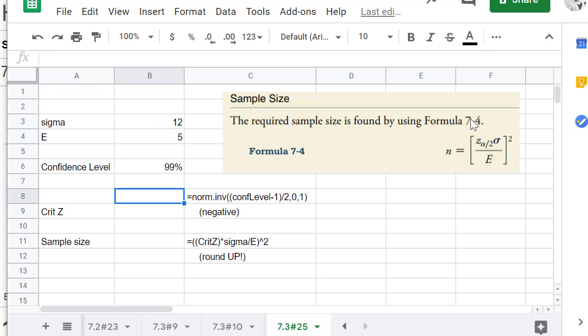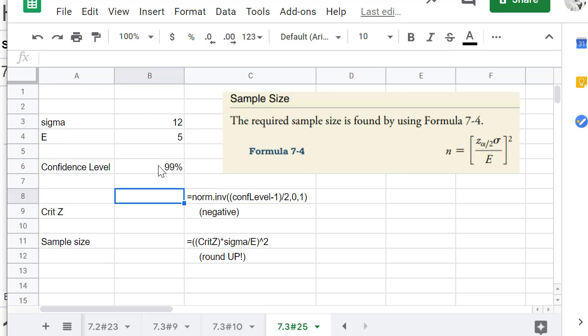According to our formula, our N is going to be the Z sub alpha over 2, that's a critical Z value, times the sigma divided by the margin of error E, and the whole thing taken to the second power. We have sigma, we have E, we just need to find Z sub alpha over 2, our critical Z value. Remember, for the normal distribution, that's norm.inv, the inverse norm function.